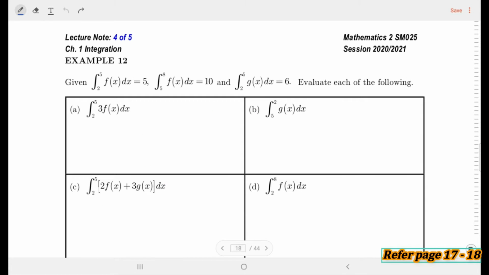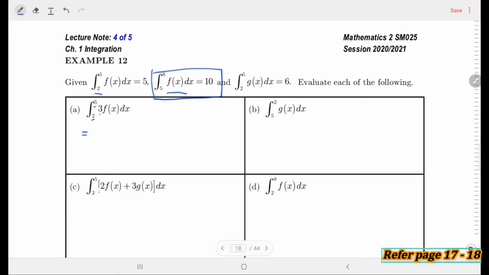Now example 12. Given the integral from 2 to 5 of f(x) is 5, the integral from 5 to 8 of f(x) is 10, and the integral from 2 to 5 of g(x) is 6. Evaluate each of the following. Now A: the integral from 2 to 5 of 3f(x) dx.